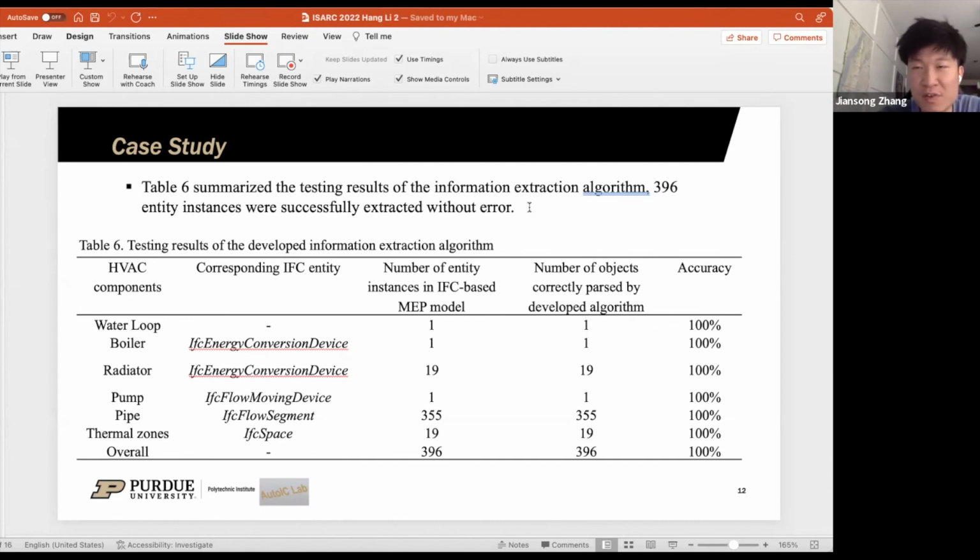I think some of the failures can come from different representations in different versions of the IFC data schema. And also, we only explored some main HVAC components in the IFC model. Some control entity instances were not explored yet.